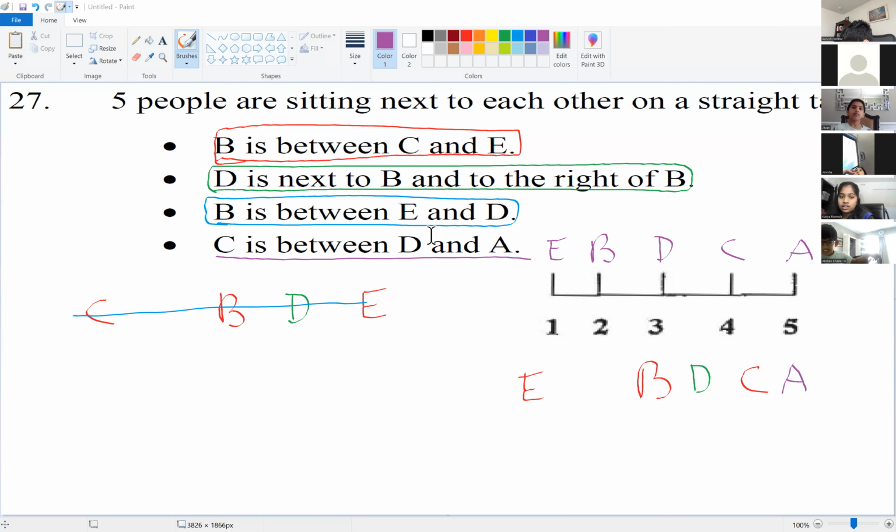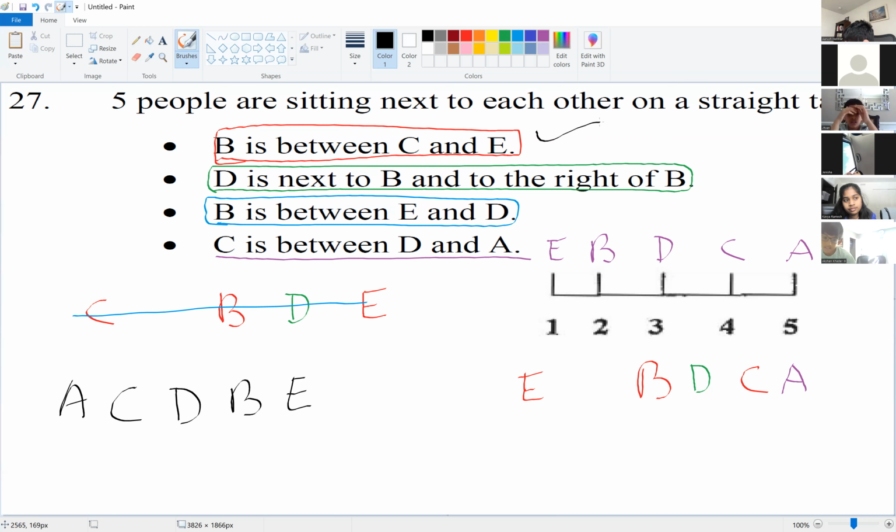The answer I got was exactly flipped from the answer you got. So I got A, C, D, B, E. Okay, let's see if it works. Absolutely can't, because B has to be on the right. Okay, so let's see how many conditions apply.